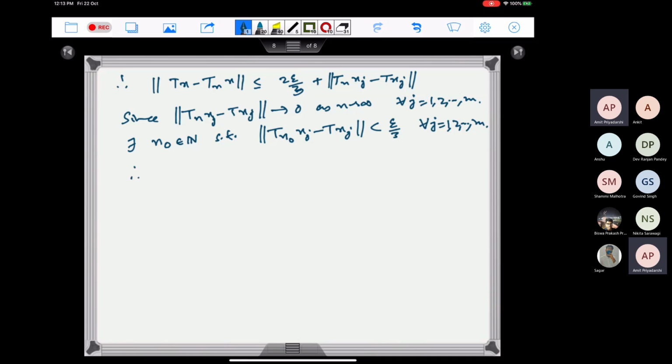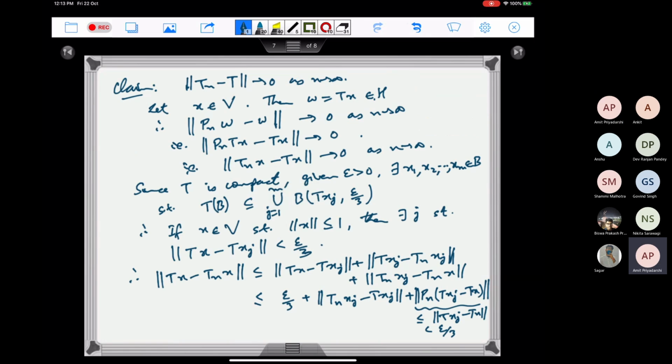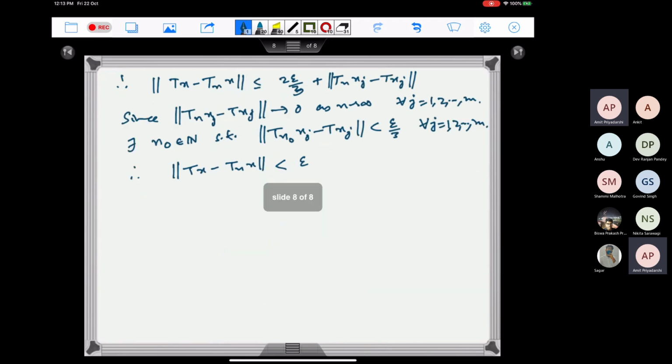So therefore we will get that the norm of Tx minus Tn of x is less than epsilon, and this was true for any x in the unit ball. So for any x in the unit ball, we have shown that this is less than epsilon.